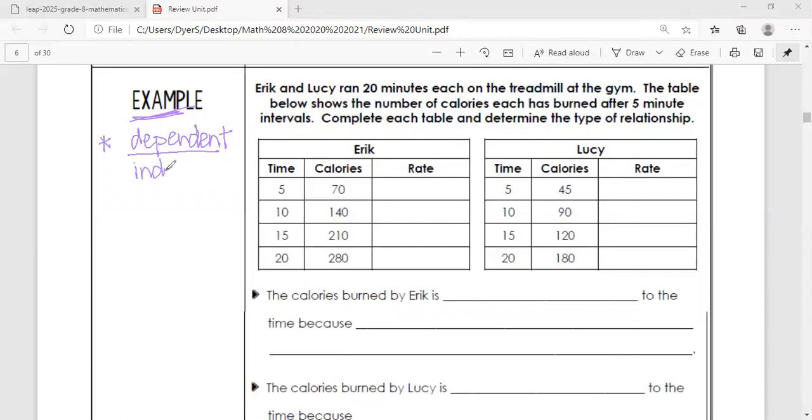So the dependent variable always goes on top, and the independent variable always goes on the bottom every single time. So when we get more into the school year, we're going to be looking at y over x.